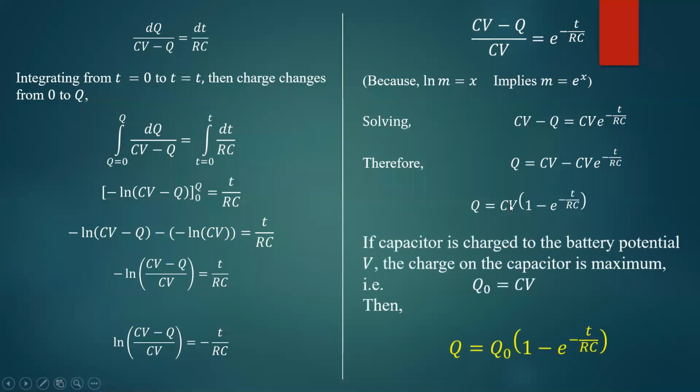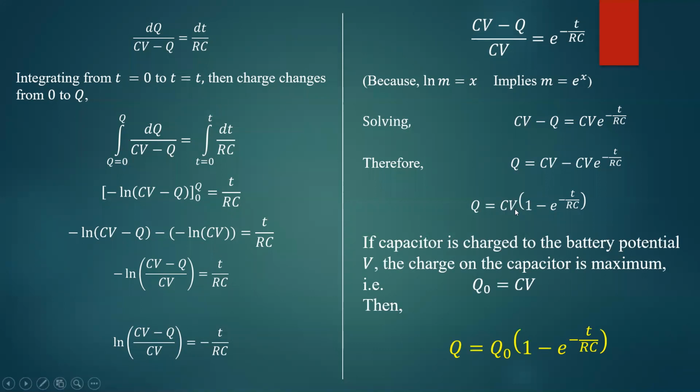We know that voltage across the capacitor V is equal to Q by C. Therefore, C into V gives you charge. And here V is the battery voltage.